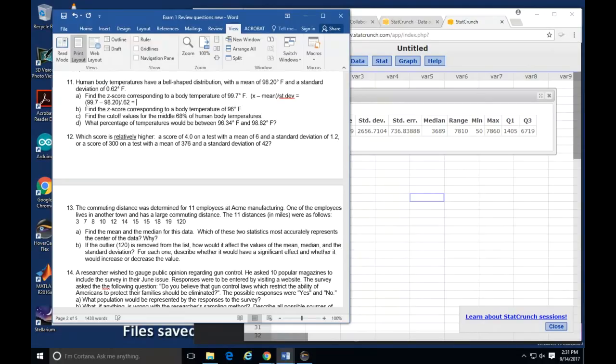For this one, you should come out with approximately 2.42. We would do the same thing for part B. Because our value is below the mean, this is going to come out with a negative z-score. We would use the same formula, but we should come out with a negative number.